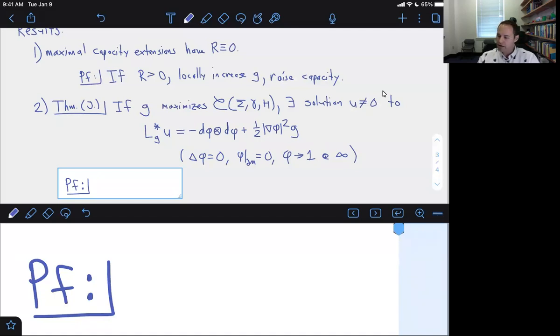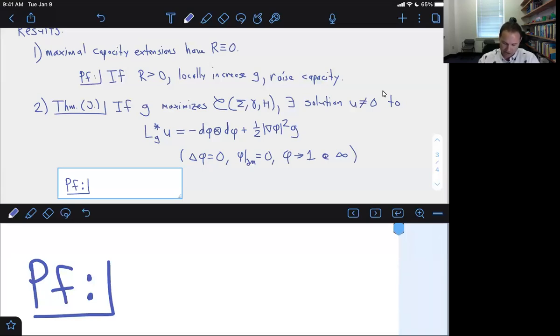That doesn't quite work here, at least in any obvious way, because if you're going to bump up the scalar curvature locally, the capacity could behave in an unpredictable way. The mass is very predictable because the mass only cares about what's happening out at infinity. But if you bump up the metric to change the scalar curvature, you could be changing the capacity in who knows what way. So you really need something else here for this to work.